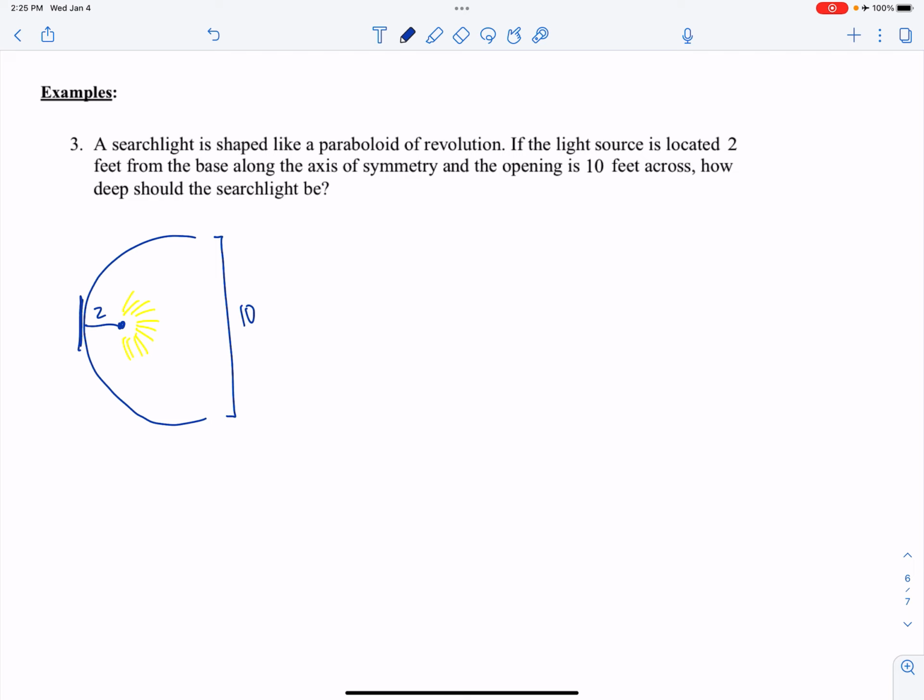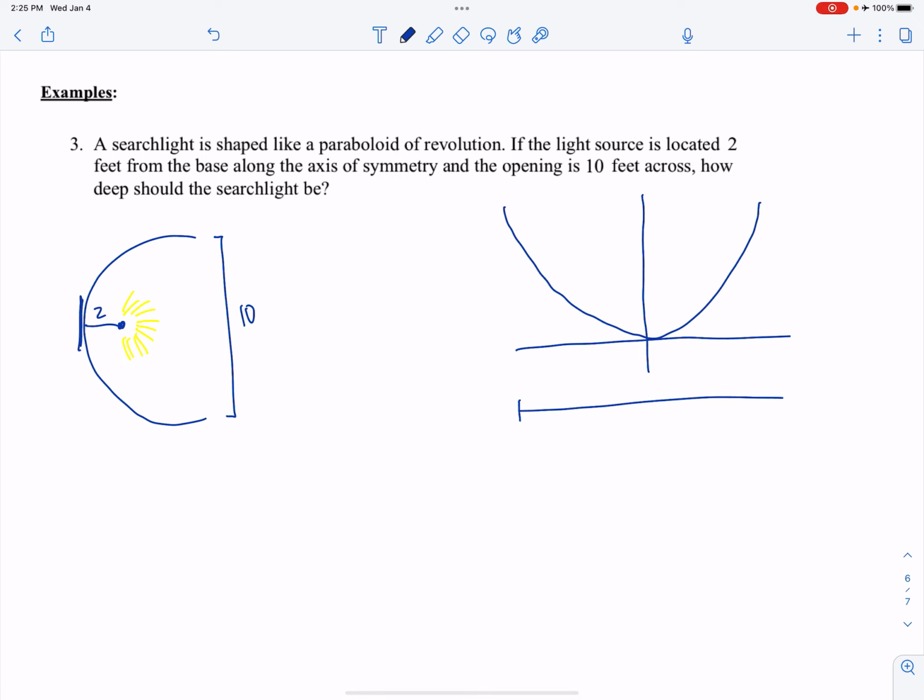If we make it more graphical, it would be something like this, our paraboloid. If we are 10 feet across, that tells us that from our origin to here, it's got to be a 5, and to here, it's got to be a -5.